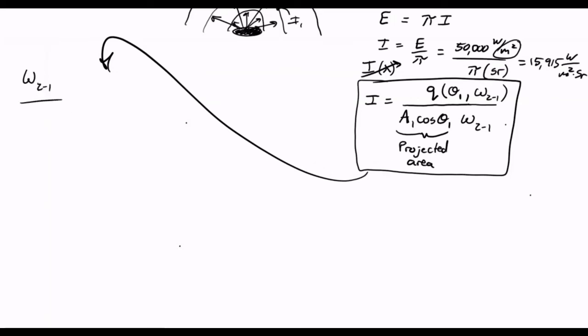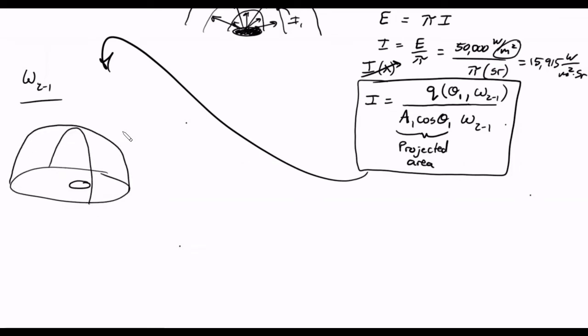Okay, so we want to find the solid angle. All right, let's draw our circle yet again, this time on a hemisphere. Okay, so here's our other circle. So we need to know the solid angle of this circle on the hemisphere around our emitting surface.